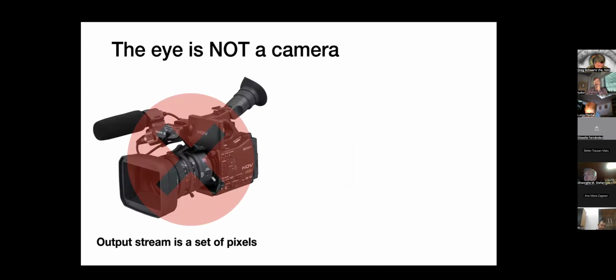So while the retina is in a position to lead, it has also been cast in the wrong light, I would argue, in the literature. That's because it's not a camera. The output of the retina, the streams that go out of it, are not a set of pixels. Of course, as neuroscientists, you don't really think it's a set of pixels, but I'd argue that even in textbooks and in what we teach graduate students, it's still captured as a glorified set of pixels.